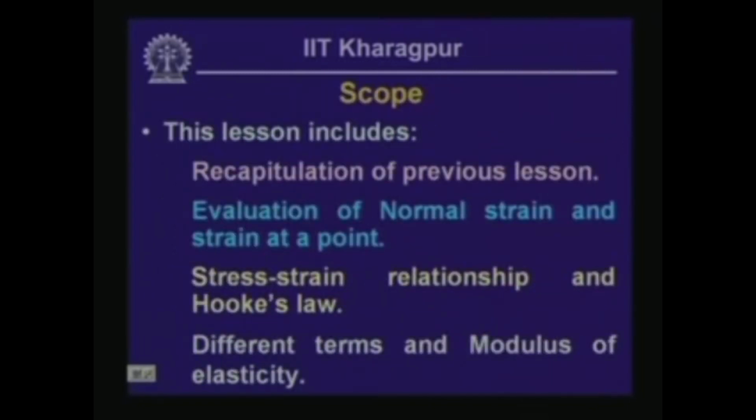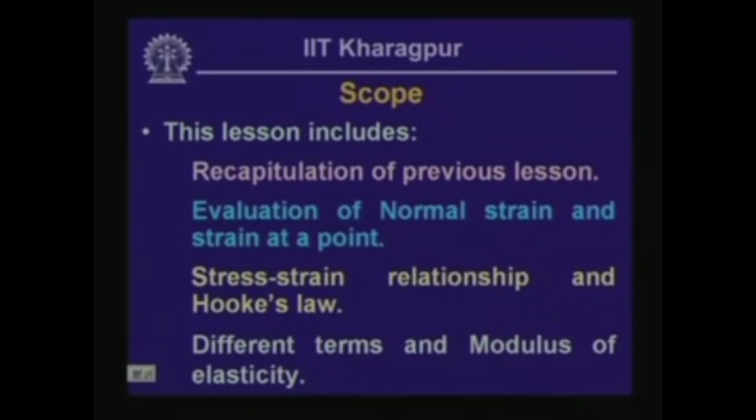Hence, the scope of this particular lesson includes certain aspects which we discussed in the previous lesson, through the question answer sessions. The questions which we posed last time we will discuss in this lesson before we proceed forward. We will evaluate the normal strain and strain at a point.